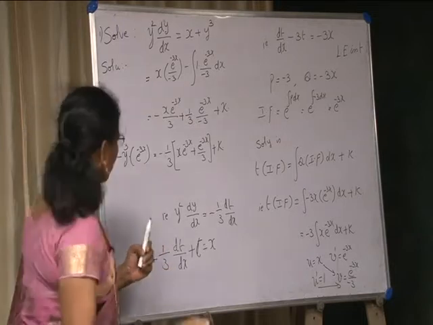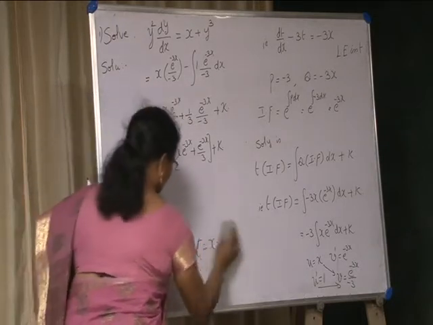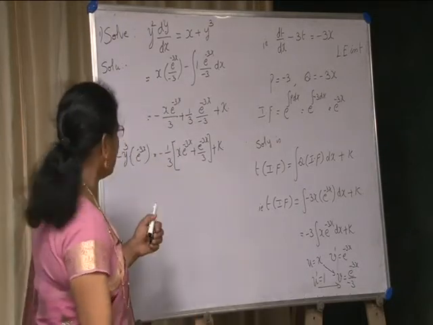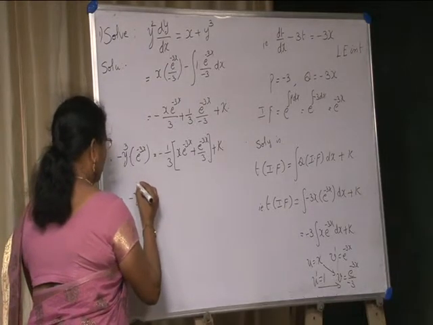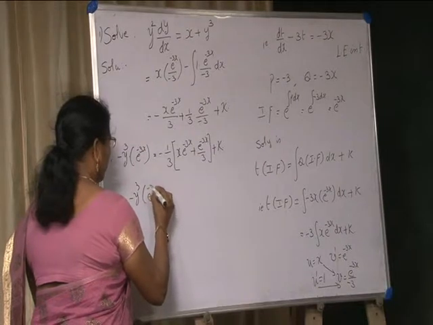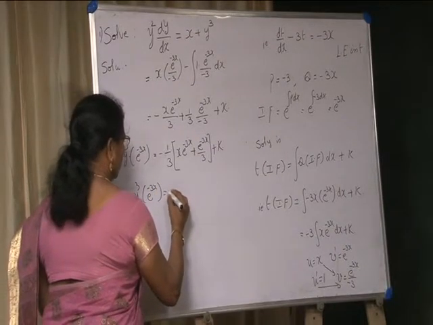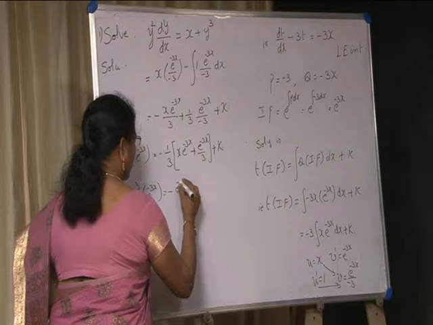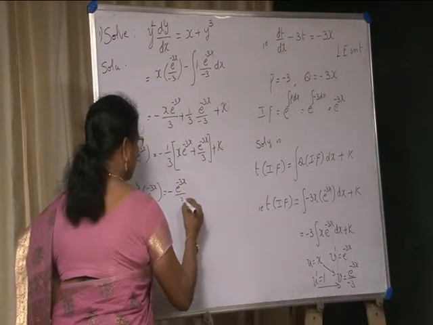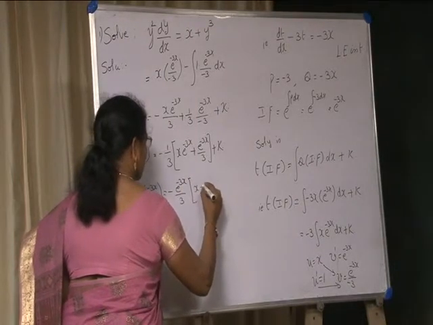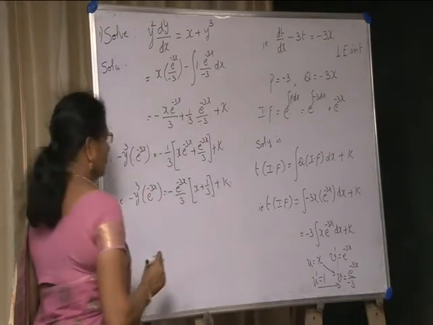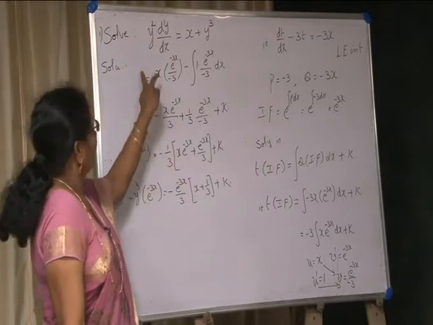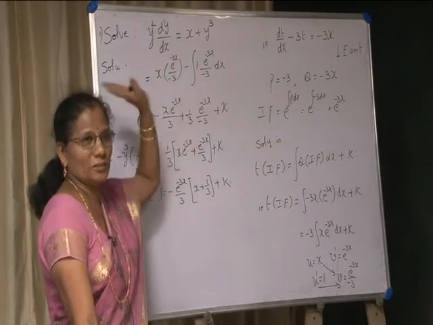If you want, you can take the e to the power of minus 3x also, that is minus y cube e to the power of minus 3x minus e to the power of minus 3x by 3 x plus k. So, this is the solution of the Bernoulli's form of equation.